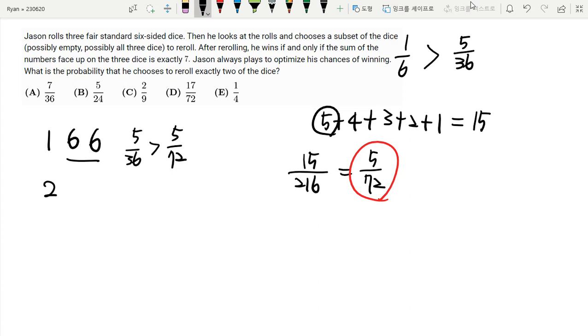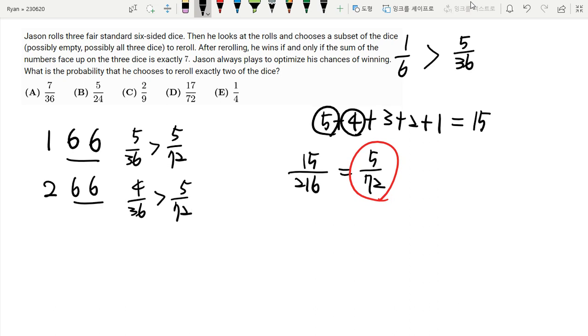And let's say the first number is 2. Once again, if the triple looks like this, he will throw these two dice to make the sum of 5, and making the sum of 5 out of two dice is 4 over 36. Still, this 4 over 36 is greater than 5 over 72.